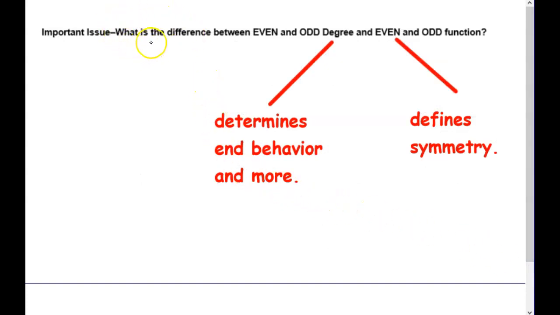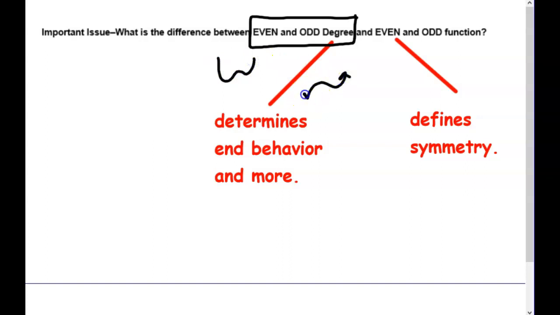The important issues. What is the difference between even and odd degree and even and odd function? Even and odd degree helps determine end behavior, okay? Both ends up, one end down, that kind of thing, okay? Even and odd function is symmetry. Remember this?